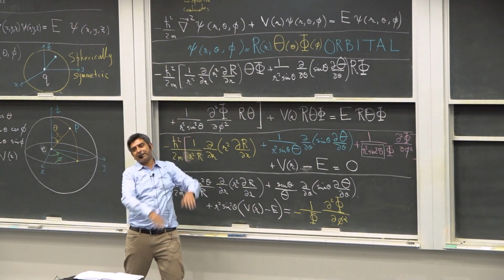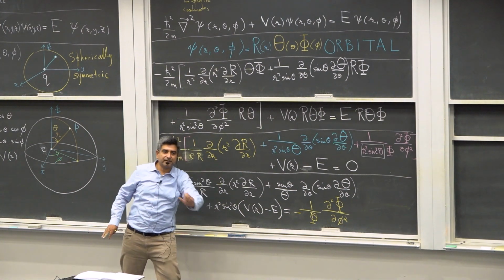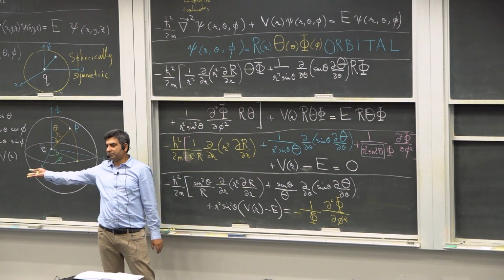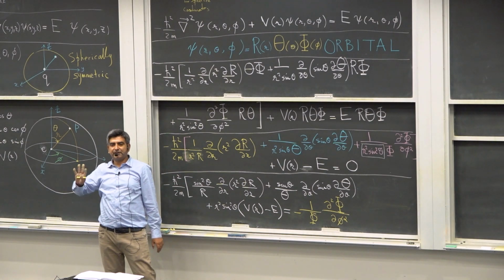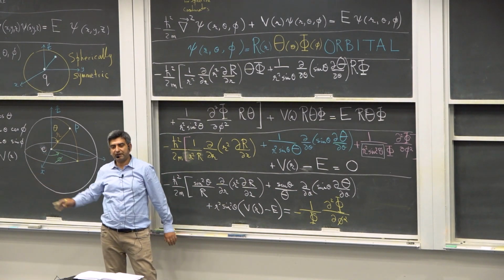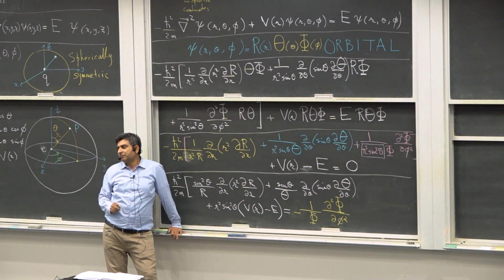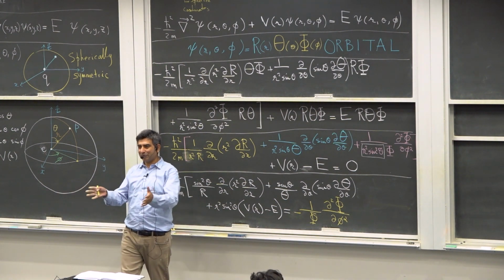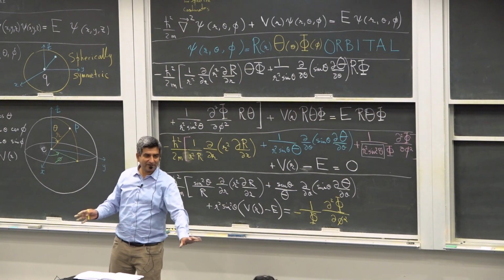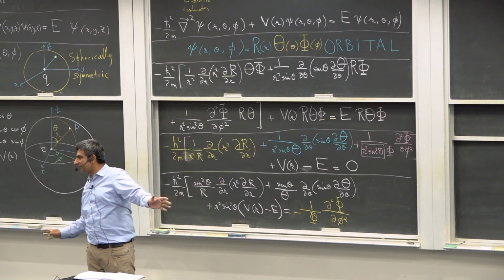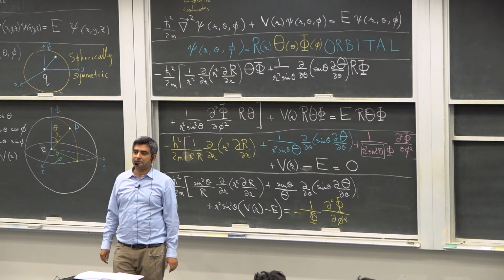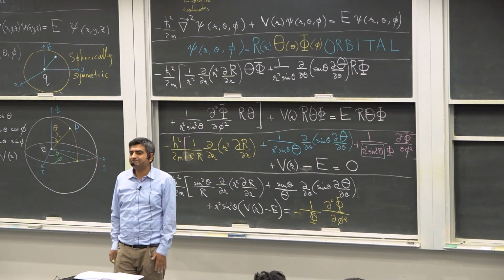The right hand side only has phi dependence and the left hand side is devoid of phi dependence. Devoid means it doesn't have any phi dependence. What does this mean? So you have an equation, a left hand side, right, and they're equal. One has a phi dependent part and the other doesn't depend upon phi. What does it mean?